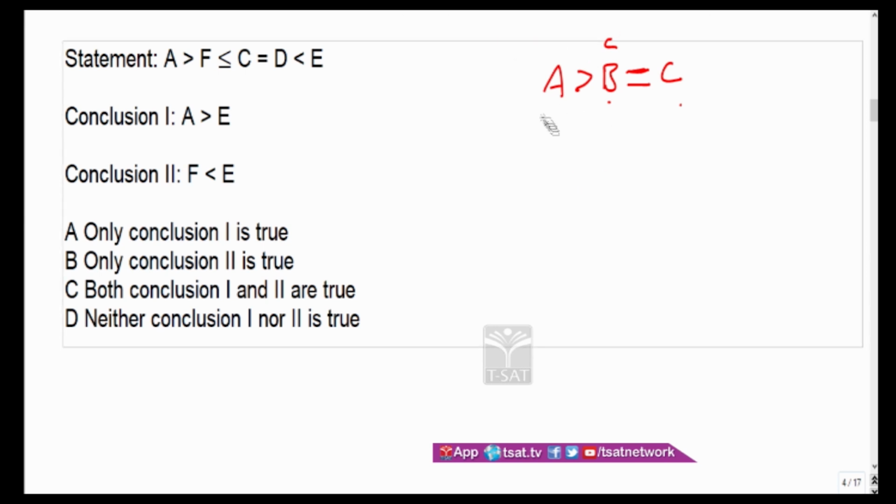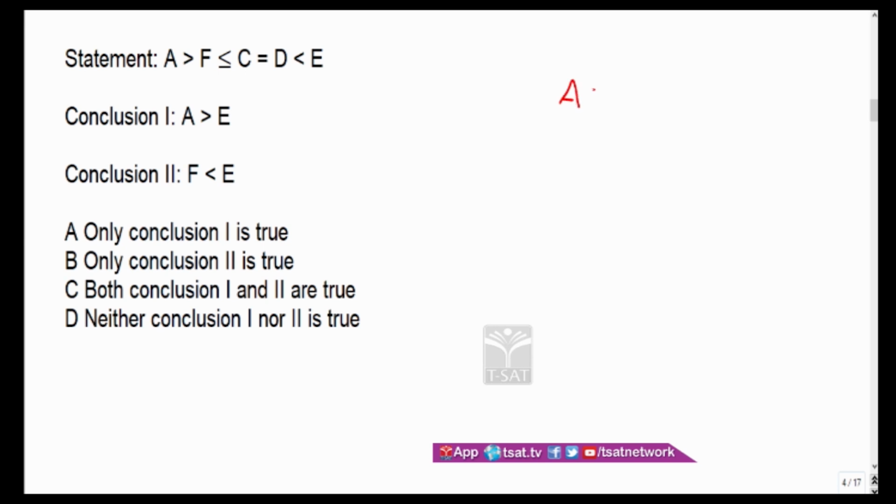Whenever the statement is A is greater than B and B is less than C, can we take the conclusion A is greater than C? Will it follow? No, because A is greater than B, but in this case C is greater than B. So that is the reason this kind of conclusion can't be taken.